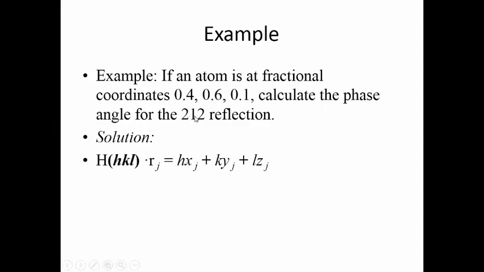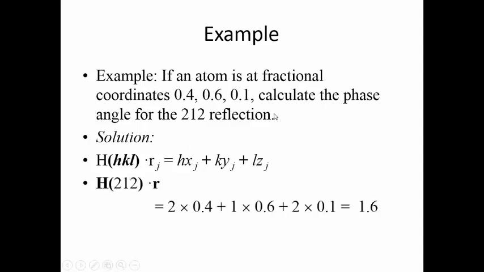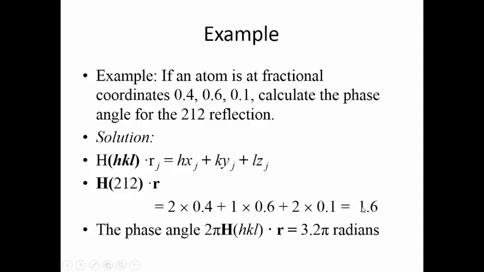The H, K, and L would be 2, 1, 2, and the X, Y, Z are going to be 0.4, 0.6, 0.1. And when you do that arithmetic, you get 1.6. Then the phase angle will be 2 pi times that, or 3.2 pi radians. And you're going to be doing that in your exercise.